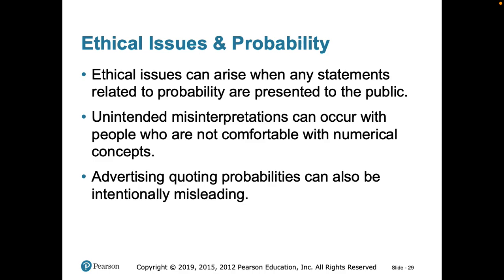Finally, advertising quoting probabilities can also be intentionally misleading. In advertisements you see that 9 out of 10 doctors recommend this toothpaste, but they don't tell you that those 9 doctors actually work for the manufacturer. So that could be an issue when it comes to probability.